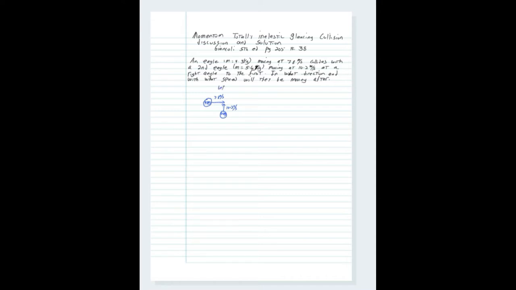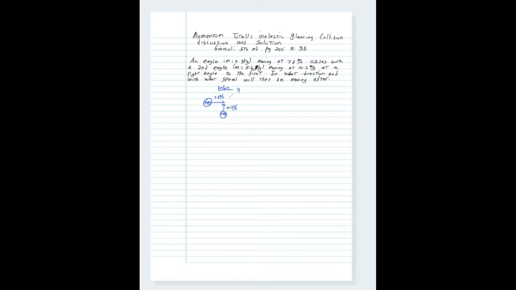Now, without really knowing a whole lot about physics, I think we could understand the idea that when they collide and stick together, they're going to move off at an angle in this direction to some extent. If you think about why that is, it's because of momentum conservation.